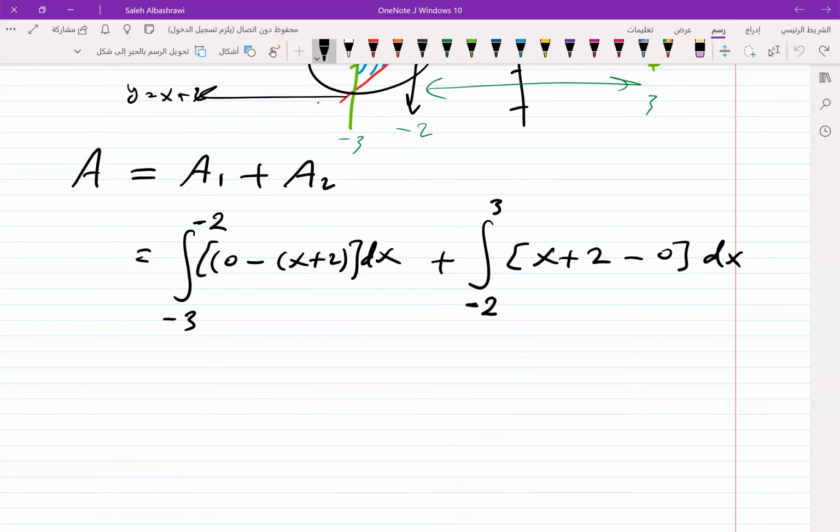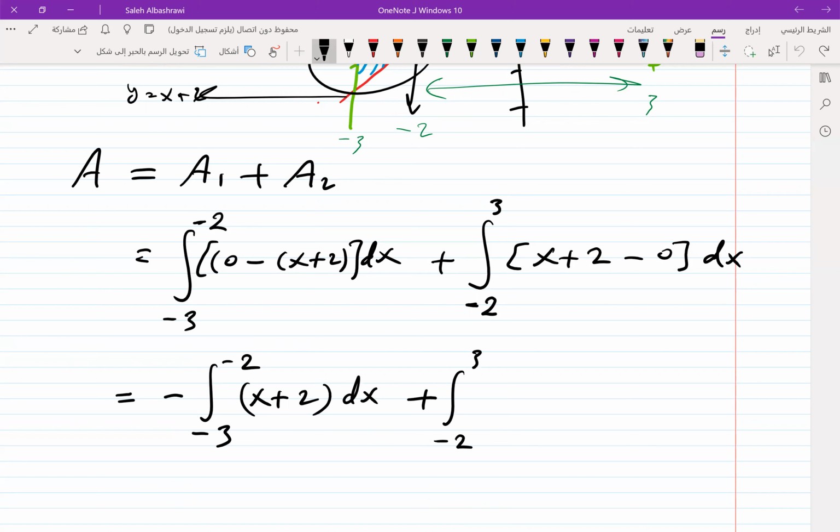Now we can evaluate the integration. I will take the minus outside of the integration from minus 3 to minus 2 of x plus 2. Or I can say minus x minus 2 dx, plus the integration from minus 2 to 3 of x plus 2 dx.